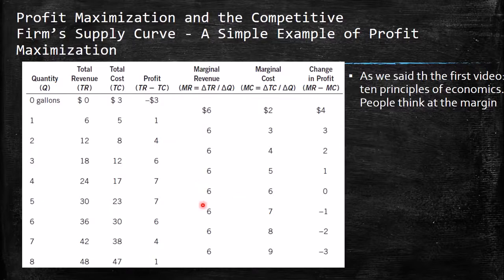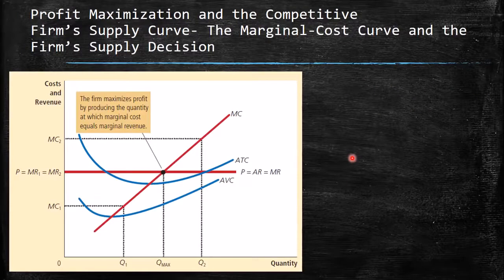So it's going to be around this one. So it's going to be the fifth unit, right? This one is going to be the quantity that maximizes the profits, where actually the change in profit is going to be 0, is the maximum one. Then here we have the cost curve and the firm supply decision.